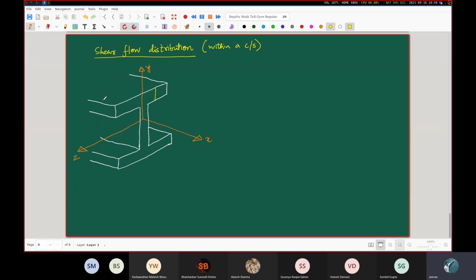I will do that by again considering a cut like this here, so that overall I end up with a little thickness which is like this. So I take a cut along the X direction and another cut along the Z direction, so that overall I end up with this little block here. So I'll separate that out.